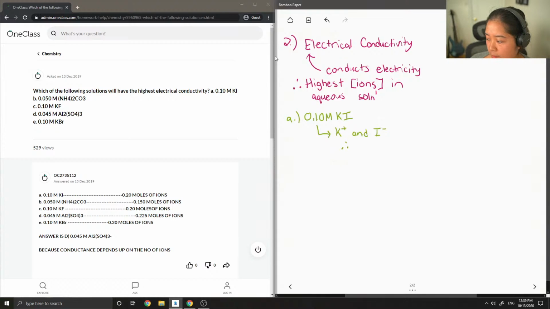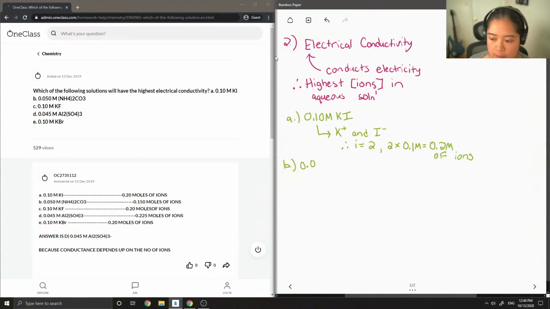Therefore, the number of ions, which I'll denote as i, is equal to 2. We also want to take into account its concentration. So you have 2 ions times the concentration, which is 0.1 molar, and you get a concentration of 0.2 molar of ions. So that's for A.